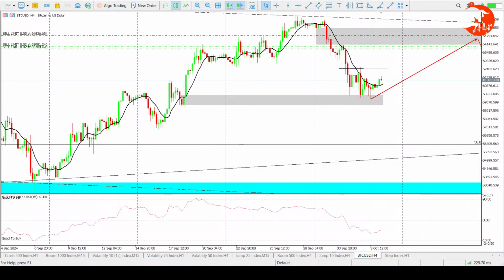Then here it failed to give us a new lower low when it reached this order block. That's an H4 order block. And now the anticipation is for anyone to enter the buys to take us all the way up there. You need to wait for the breakout on that level there.